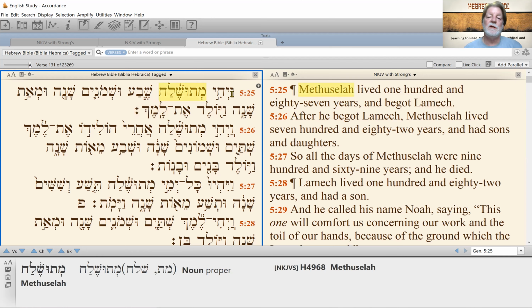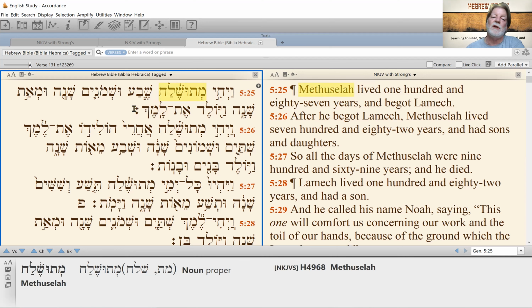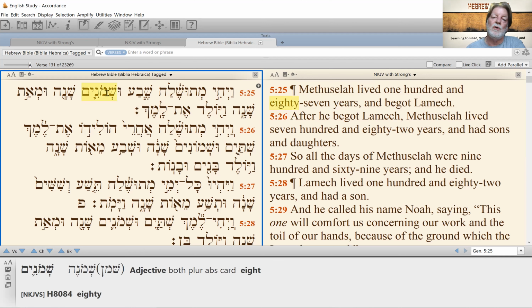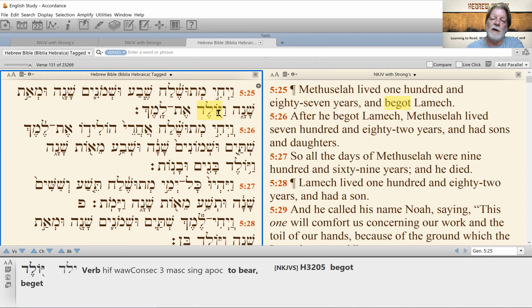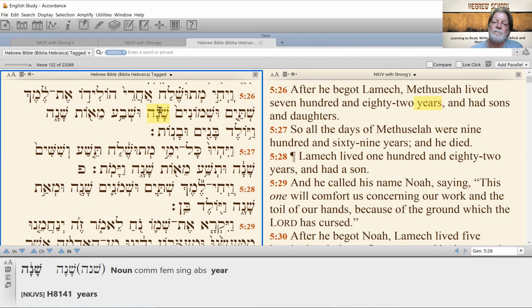Okay, let's continue on. Verse 25, Vayechi, and he lived, Methuselah, Sheva u Shemonim Shana, so this would be 87 years, Uma'at Shana, and 100 years, 187 years. Vayoled, and he caused to be born Lamech. Lamech was his son's name.